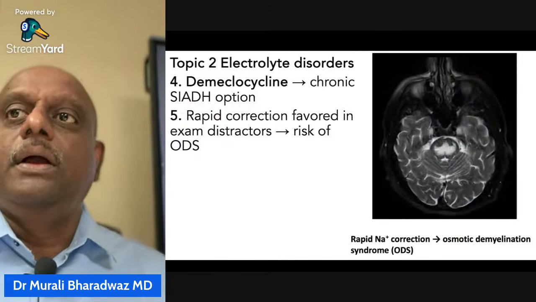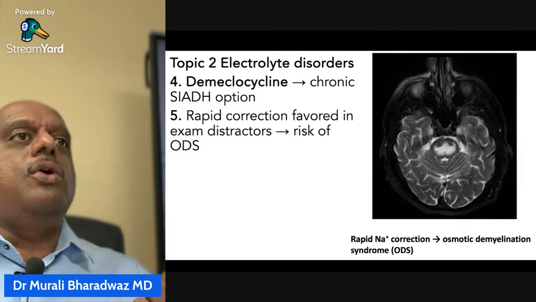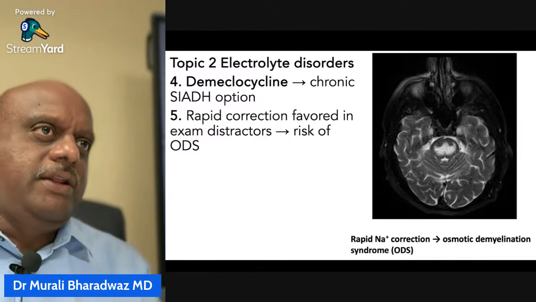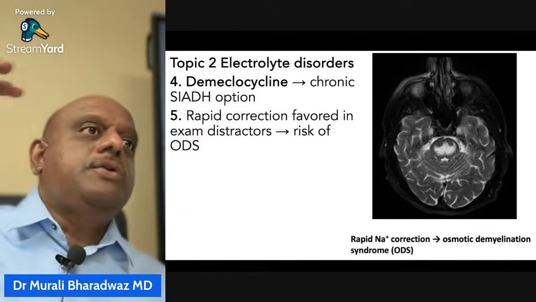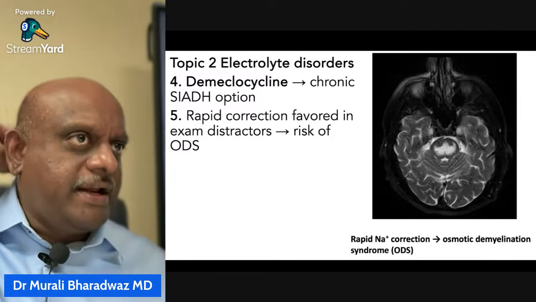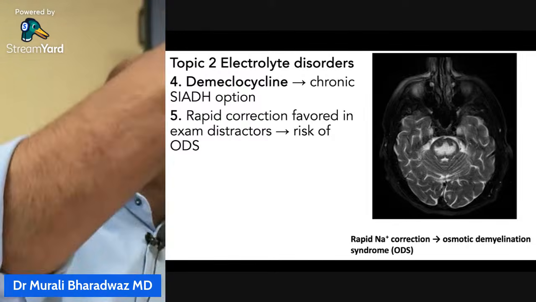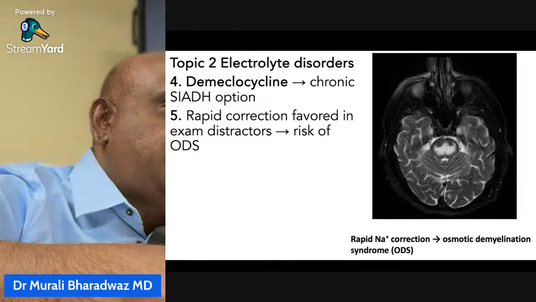Now, we use demeclocycline. Whenever there is any chronic SIADH, we use demeclocycline. Demeclocycline is a tetracycline, and it will cause a receptor level resistance to the action of ADH.